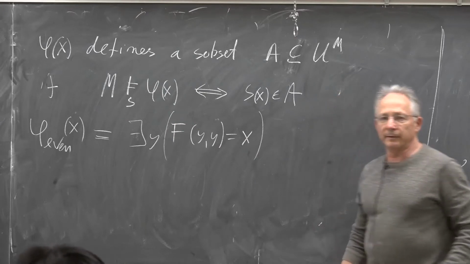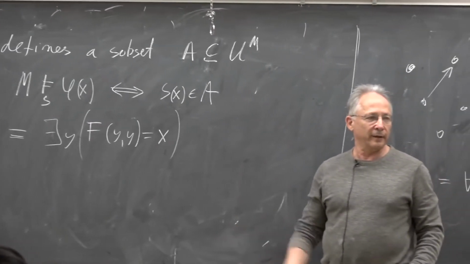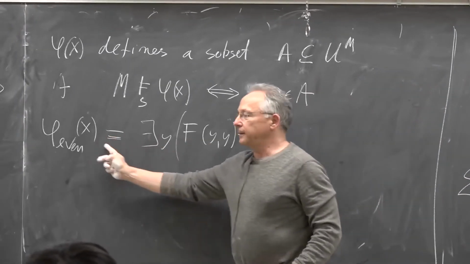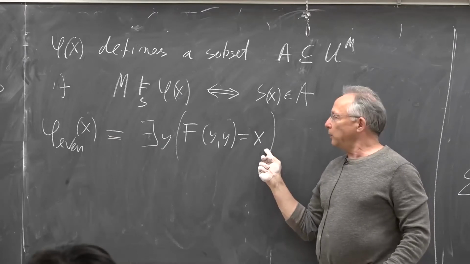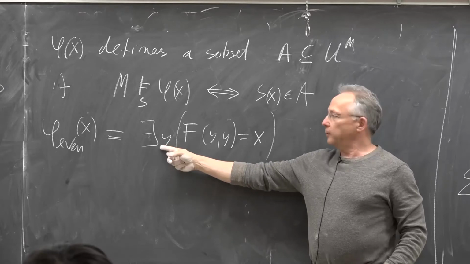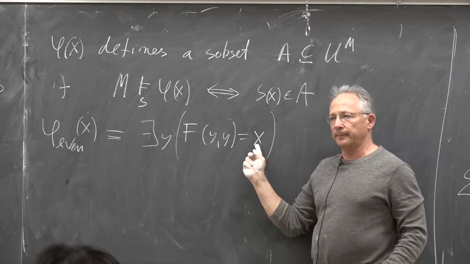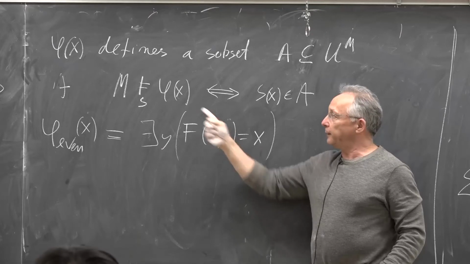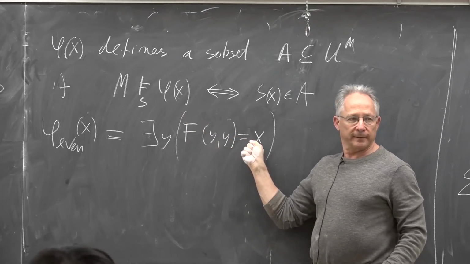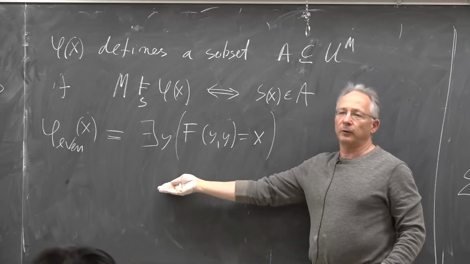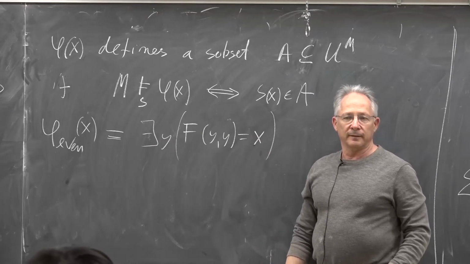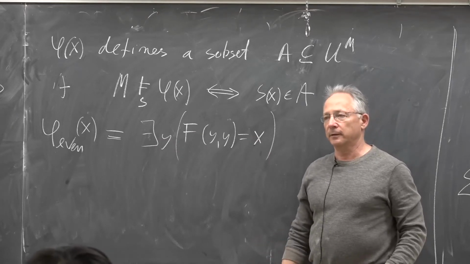There exists an element such that if I add it to itself, I'll get x. You see, this is a formula whose only free variable is x. The y is not free because there is a quantifier on y. So it's a formula in only free variable x. And it will hold for a given assignment s if and only if s assigns to x an even number. And of course, we can write odd numbers, which will just be the negation of this. So this is definability inside the structure.